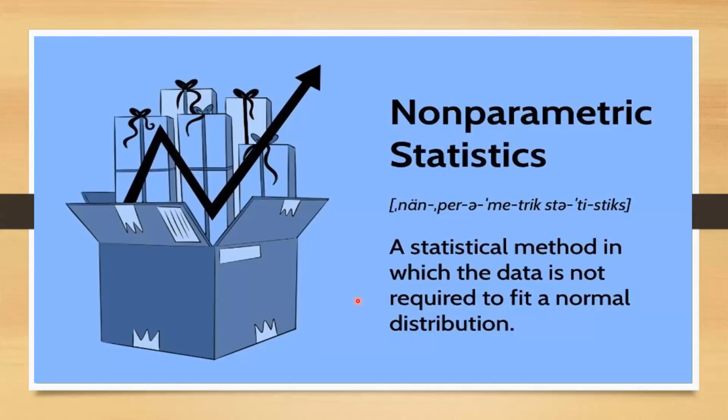I just told you that parametric tests are statistical tests in which normality is assumed. In other words, the data should fit into a normal distribution. There are types of data that, when you collect them, fit into a normal distribution. They are data like the weight of a sample, the age of a class.